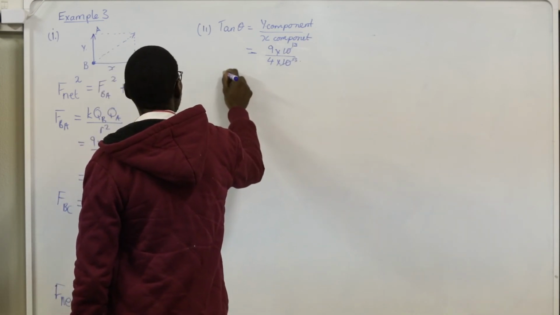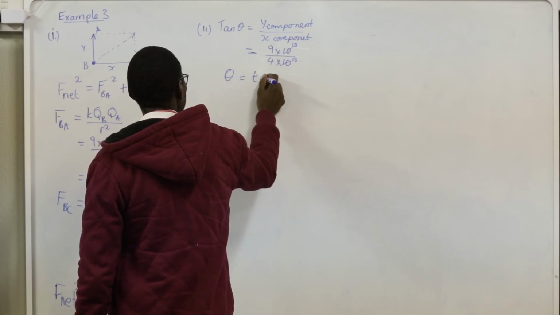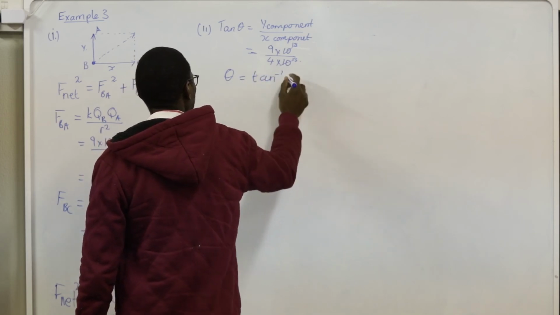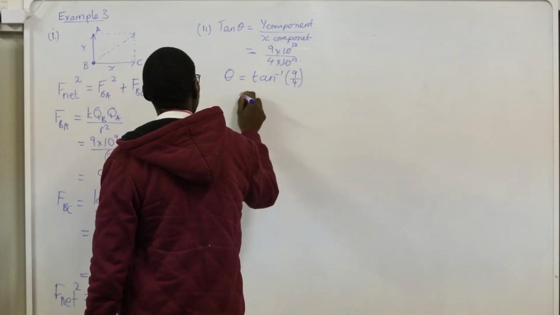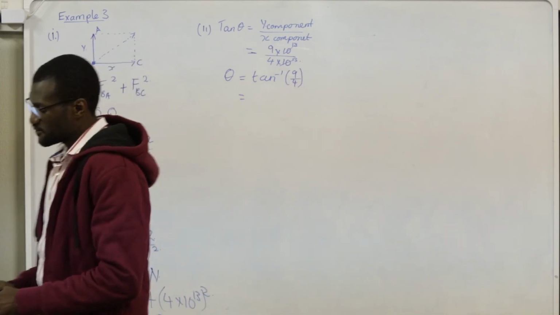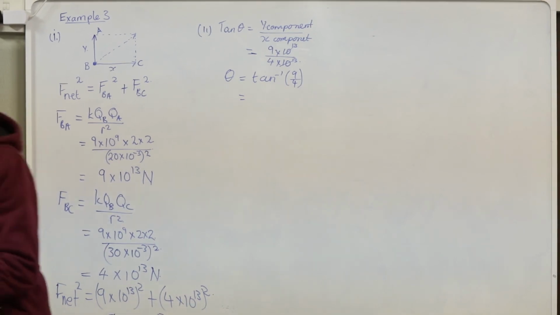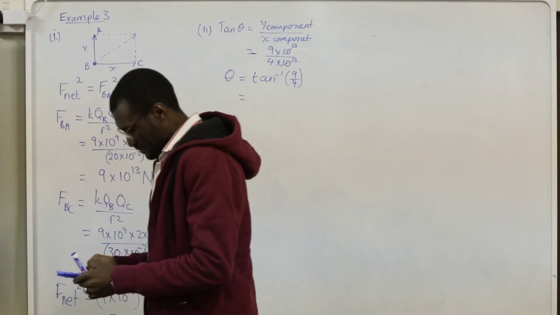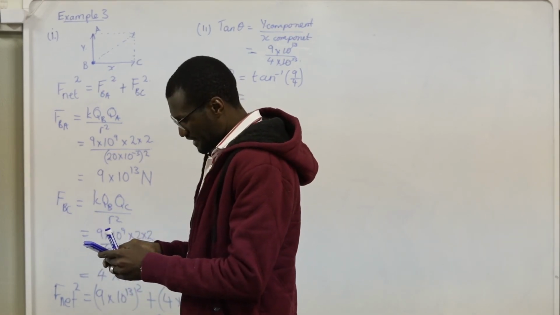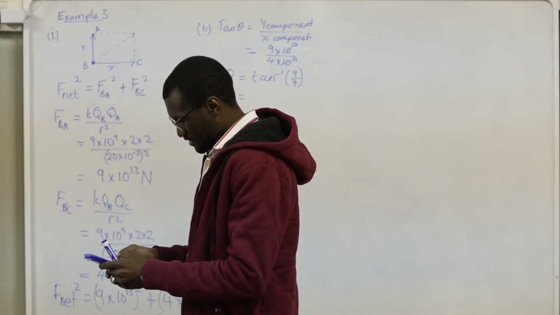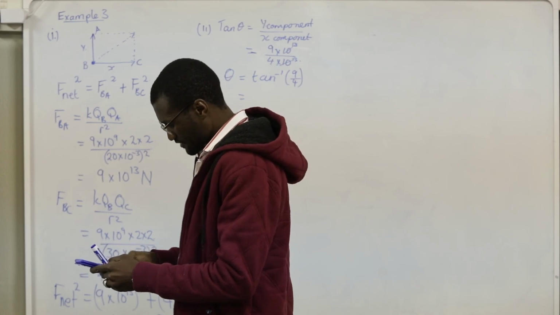So in order to find theta, your maths teacher would have told you find arctan 9 over 4. You must be familiar with using your calculator to find arctan, which is second function tan 9 over 4.